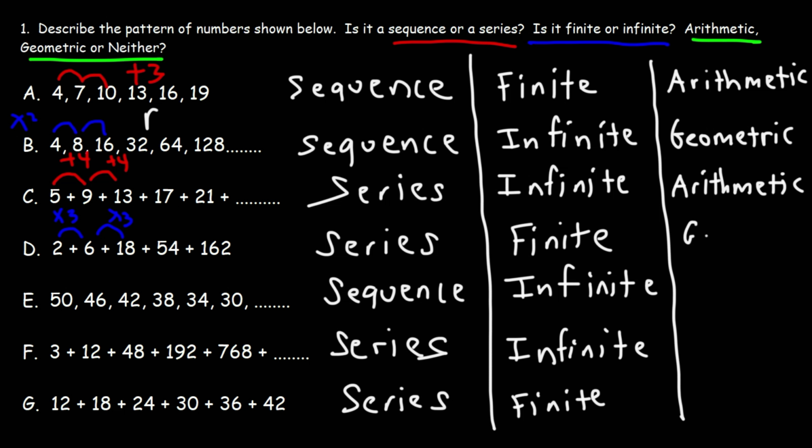So that's a geometric series. Now for E, going from 50 to 46, that's a difference of -4, and 46 to 42, that's a difference of -4. So this is arithmetic.